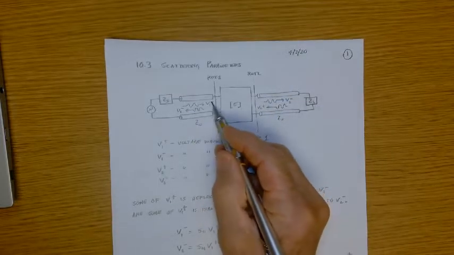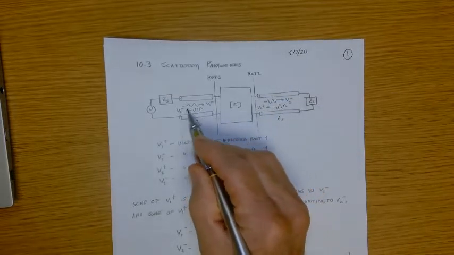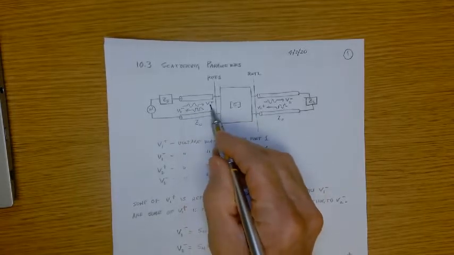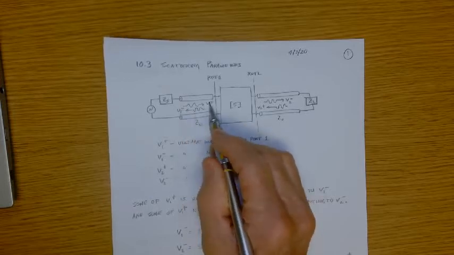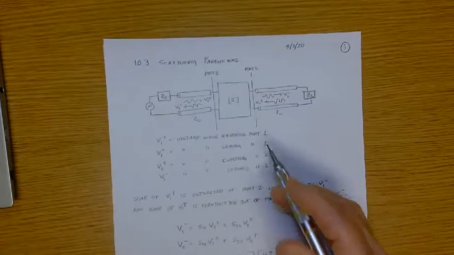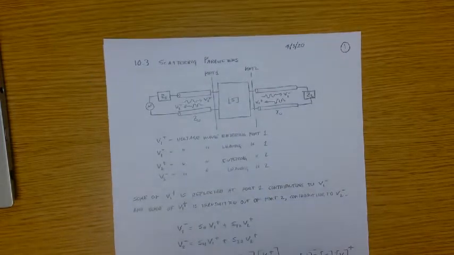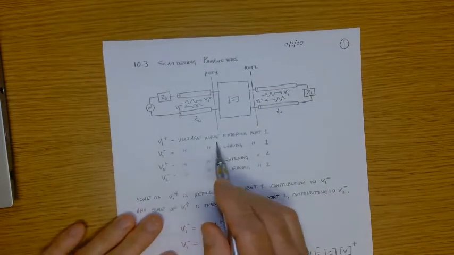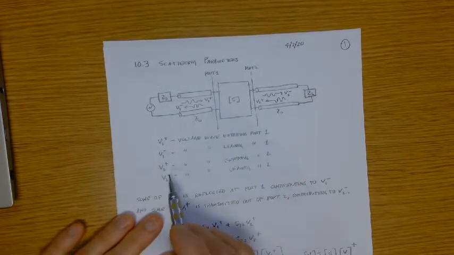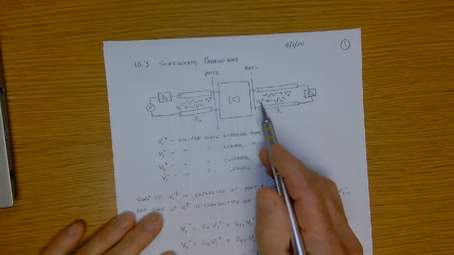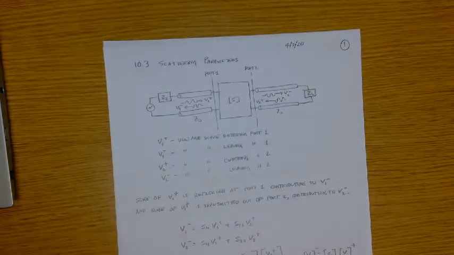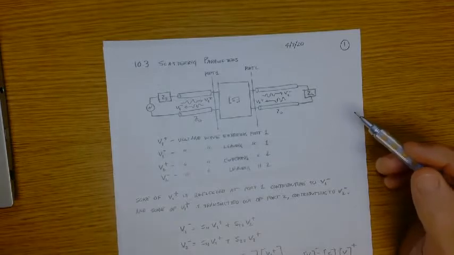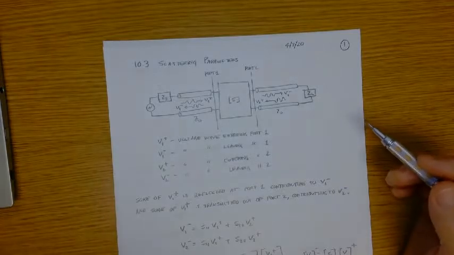The superscript plus and minus denote forward and back, and the subscript 1 is for port 1 and 2 for port 2, etc. So V1 plus is the voltage wave entering port 1, V2 plus would be the voltage wave entering port 2, V1 minus would be the voltage wave leaving port 1, etc.